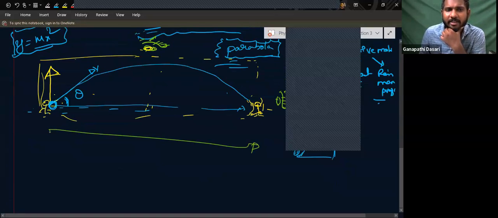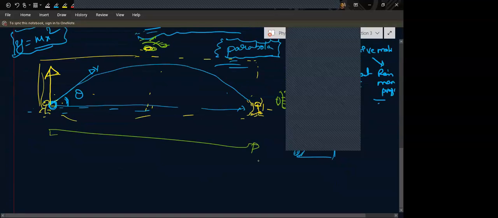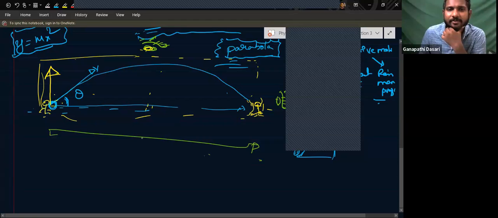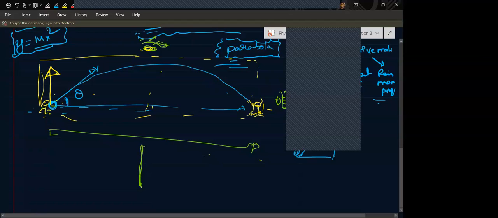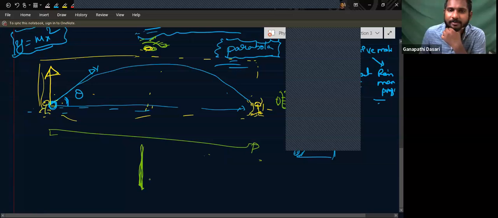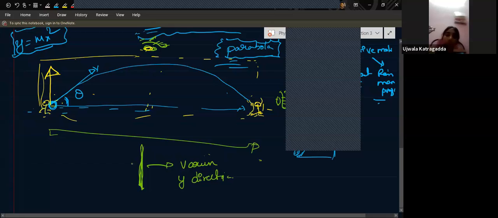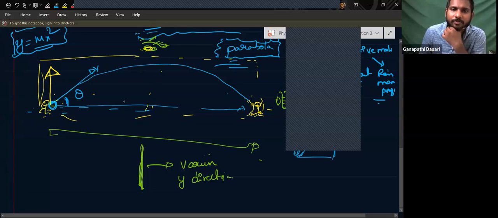Isn't it, Varun? Do you agree with this or not? What you can see is a ball going upwards, and the ball coming downwards, isn't it? This is what Varun can see, the y direction motion, and Ujjwala can see the x direction motion. Understood.